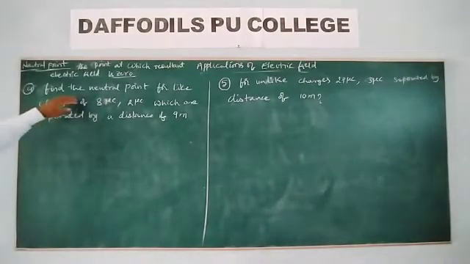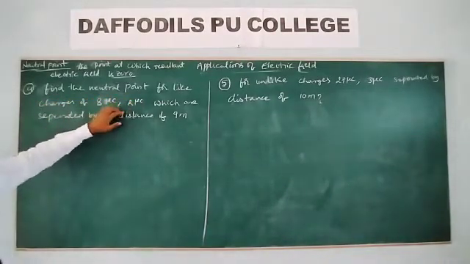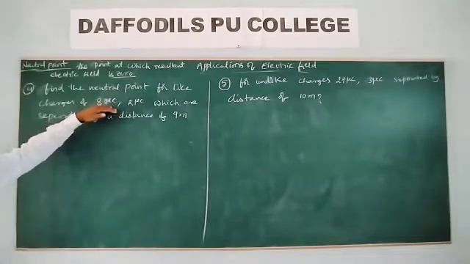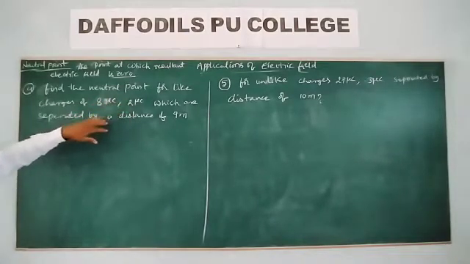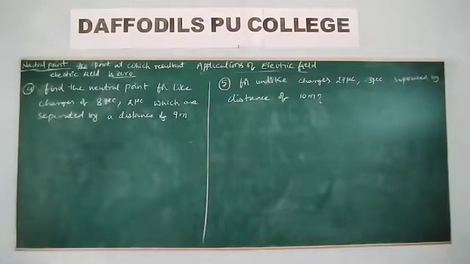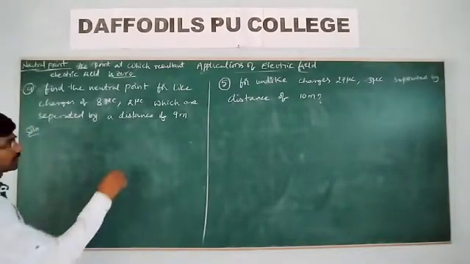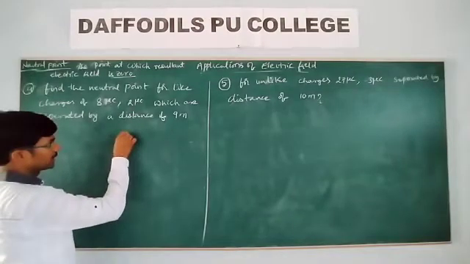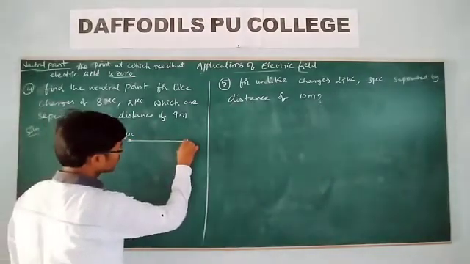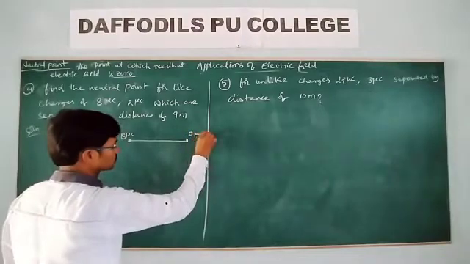So look at this one: find the neutral point for like charges of 8 microcoulomb and 2 microcoulomb, which are separated by a distance of 9 meter. So these are like charges, here 8 microcoulomb and this is 2 microcoulomb.